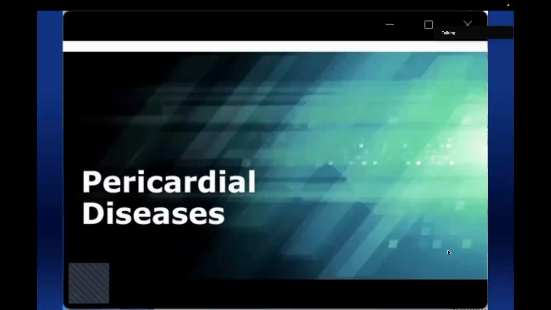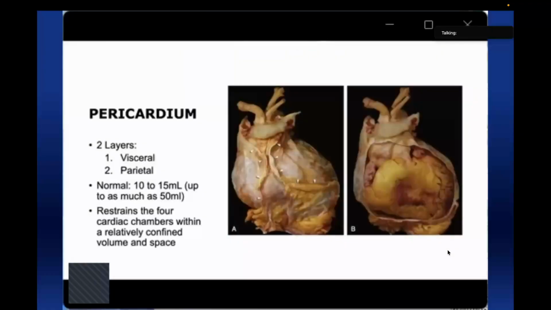Okay, I think we'll go now to the last topic, your pericardial diseases. Now, going back to basics, anatomically, the normal pericardium is a double-layered sac of the visceral pericardium and your parietal pericardium.